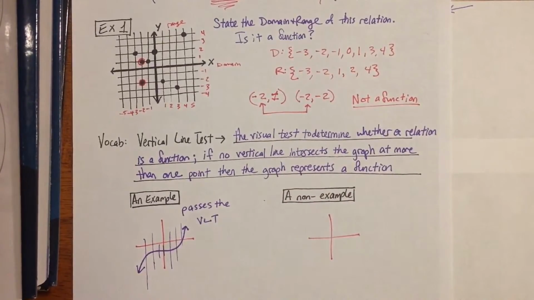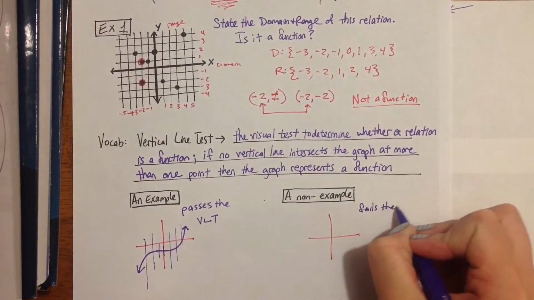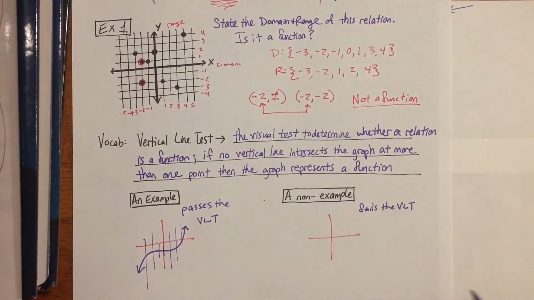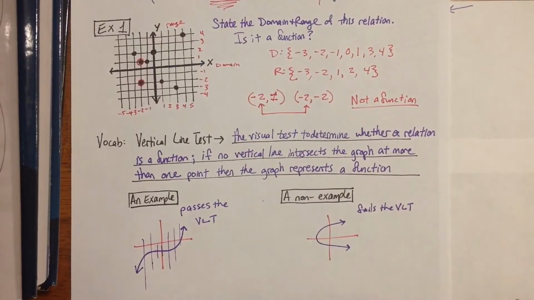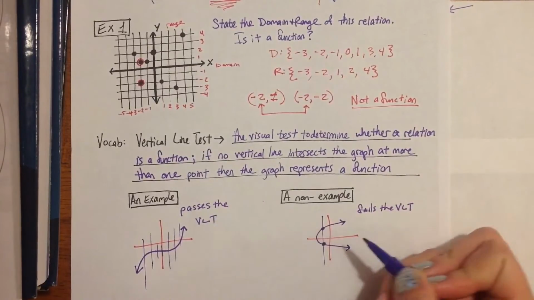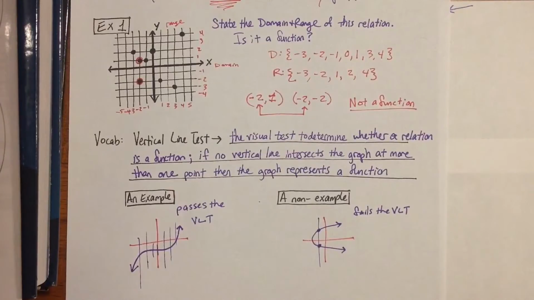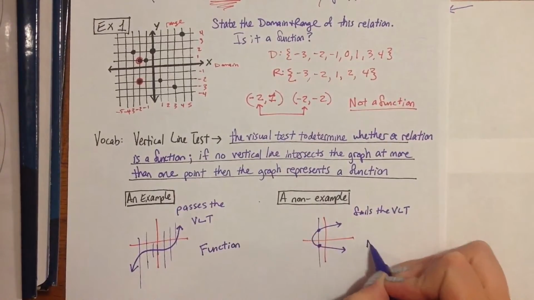Therefore, it is a function. However, a non-example, which fails the vertical line test, is maybe something like that. That's a problem, because I see there's a couple instances where a vertical line crosses my graph twice. So that one is not a function, but this one on the left is.